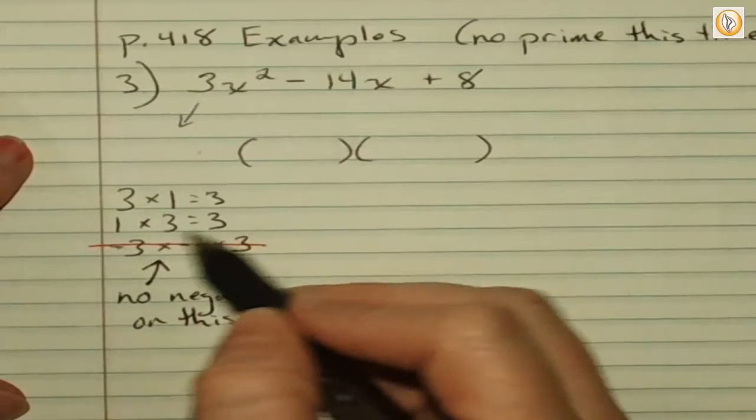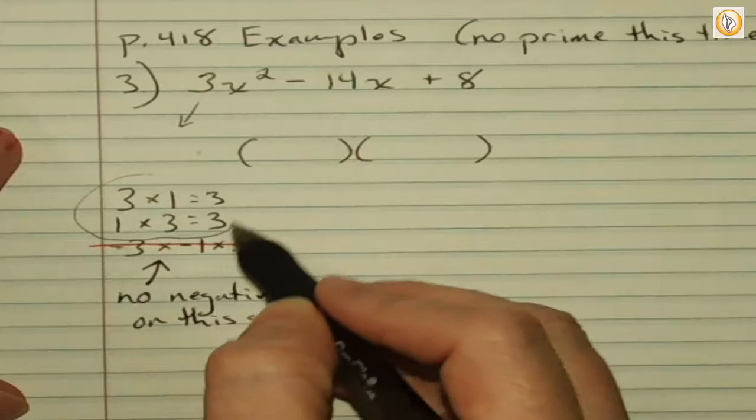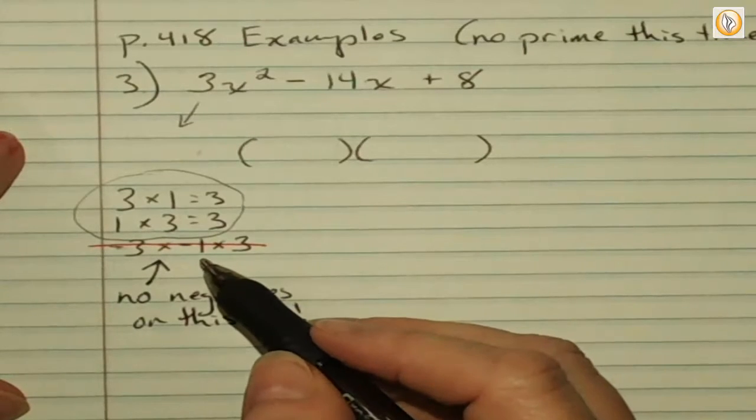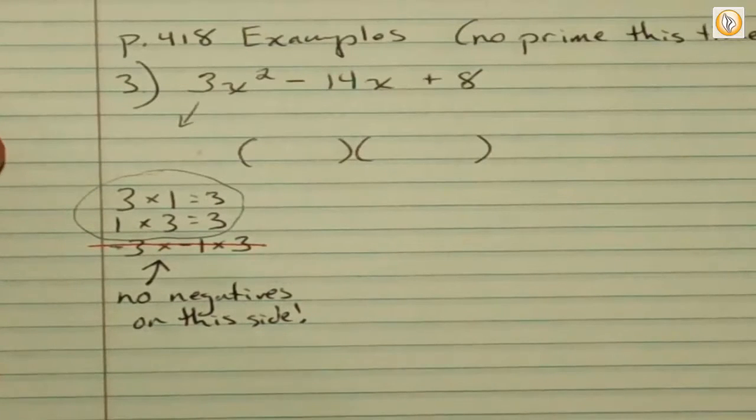Stick to just the positives. It's always got to be 2 positives. Okay? Does that make more sense?